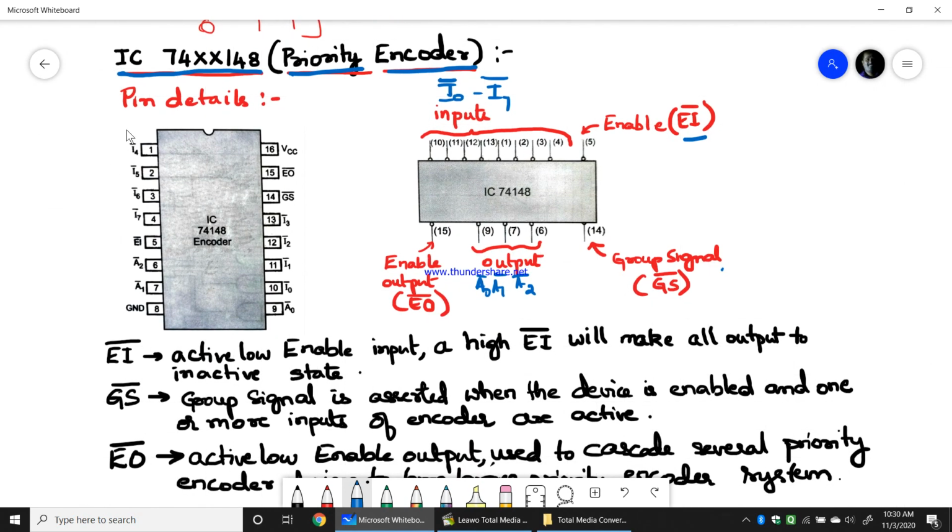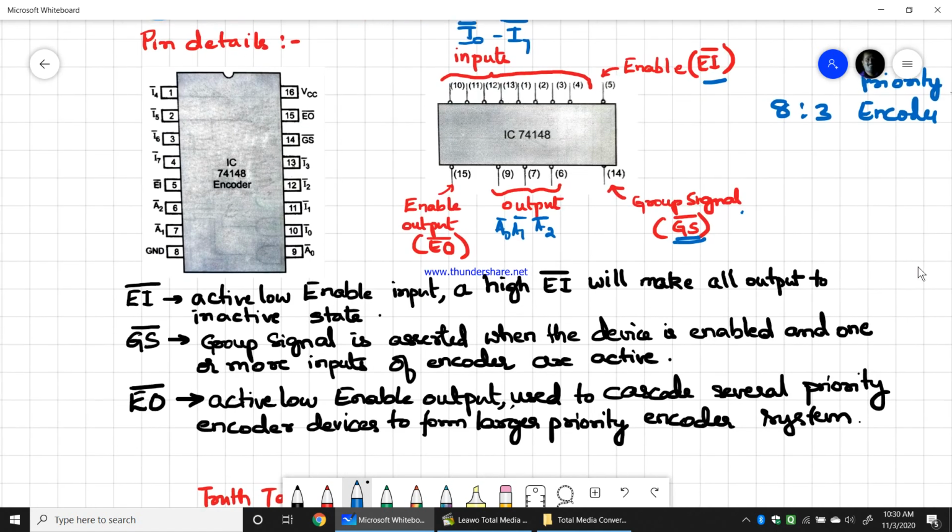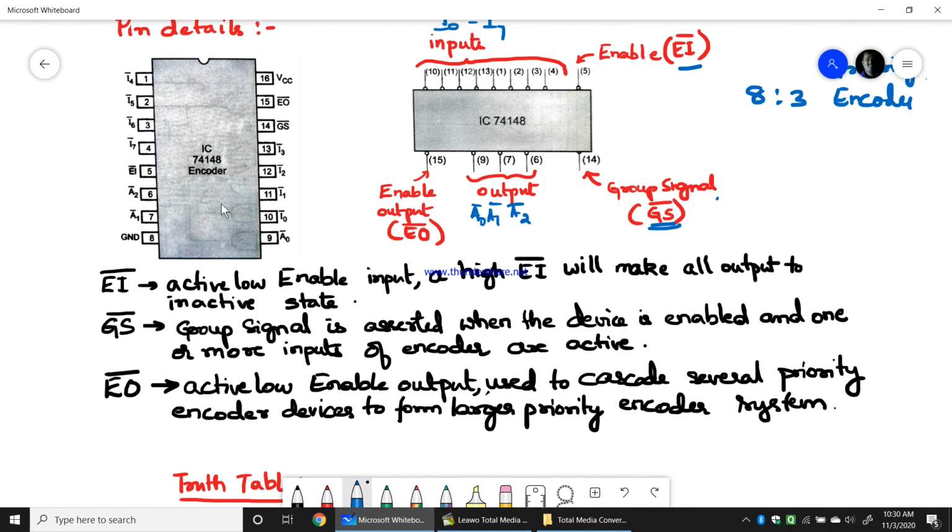This priority encoder has I0 to I7, so it is an 8:3 priority encoder, because you have 8 inputs, 3 outputs, 1 enable input for enabling and 1 enable output. So this is output enable, this is input enable, and we have one group signal, which can also be a green signal for the IC.